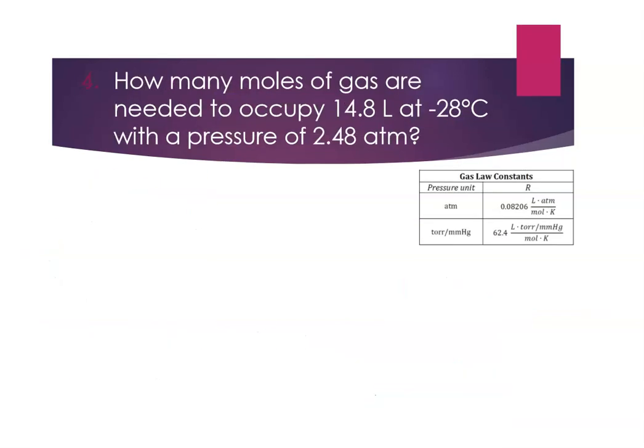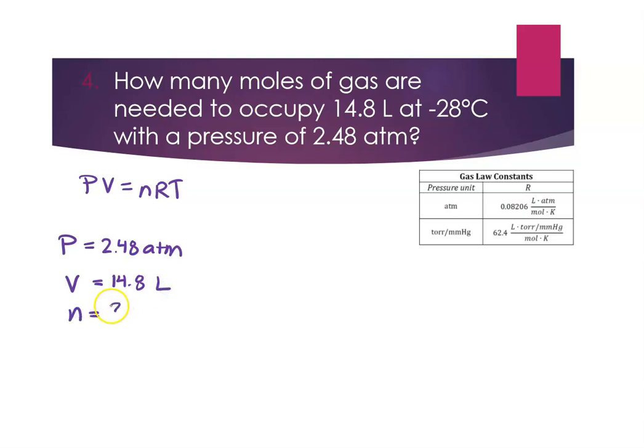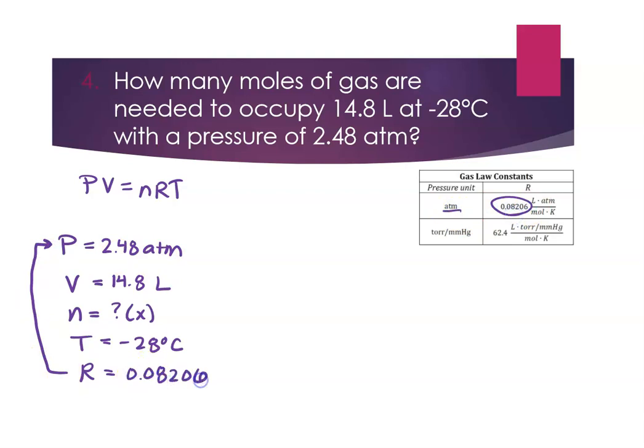How many moles are needed to occupy 14.8 liters at negative 28 degrees Celsius with a pressure of 2.48 atm? No mention of molar mass or density, so I'm just going to use my ideal gas equation. P is 2.48 atm, V is 14.8 liters, n is what I'm solving for, T is negative 28 Celsius, and R is based on P, which is in atm, so I'm going to use 0.08206.